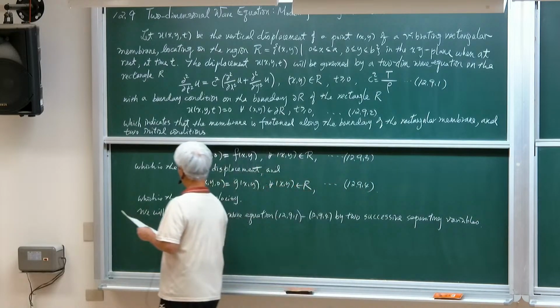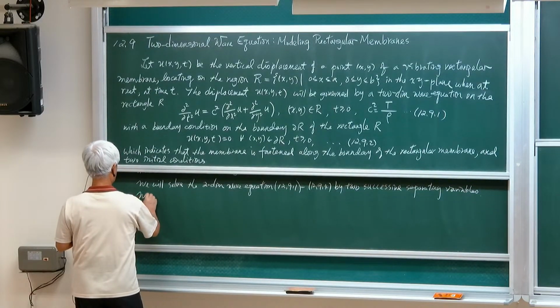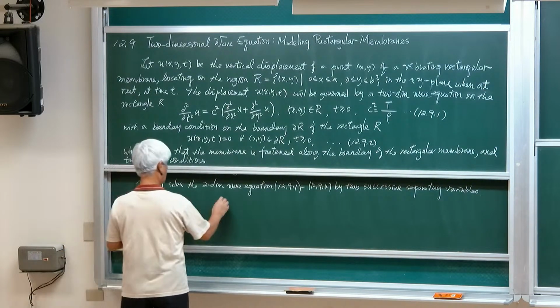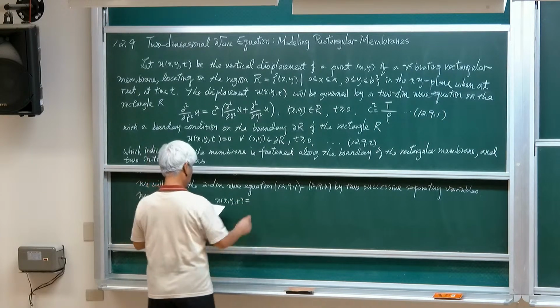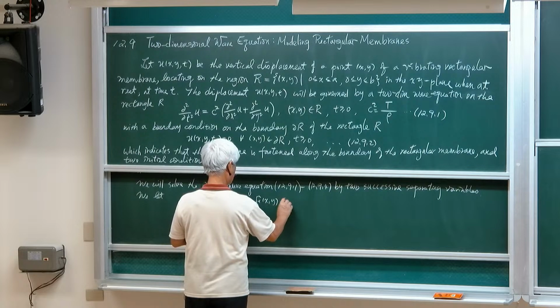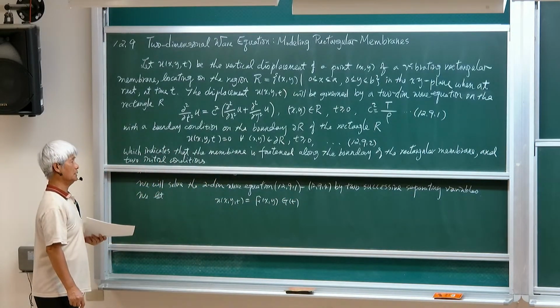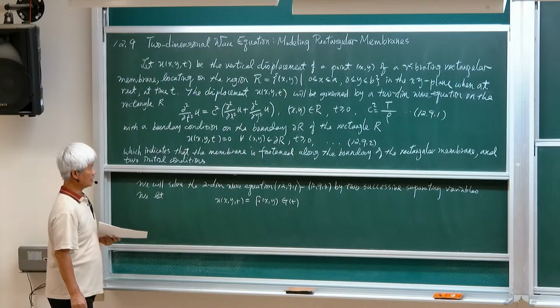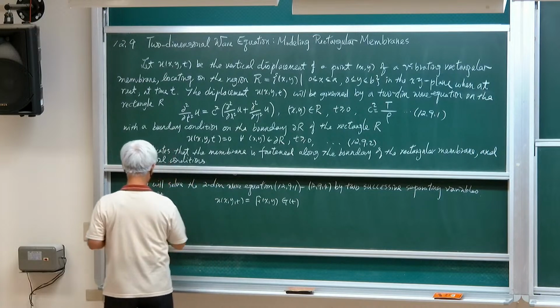Okay, so first of all, we let u of x y t equal to f of x y and g of t. So we separate the spatial variable and the time variable, right?